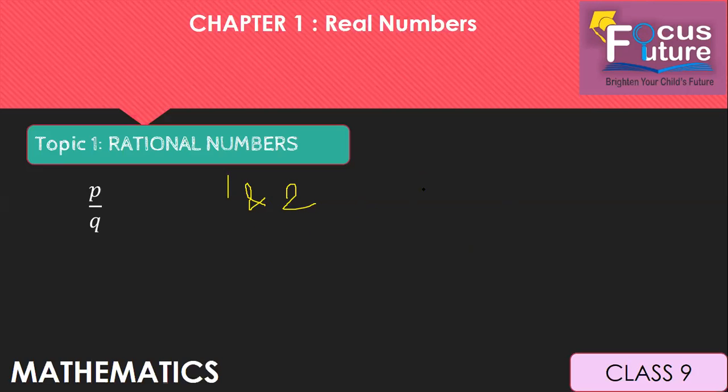So the formula is, let us take this as R and take this as S. The formula is R plus S divided by 2. Okay. So R is 1 and S is 2. So 1 plus 2 would be 3 by 2. So first rational number between 1 and 2 would be 3 by 2.